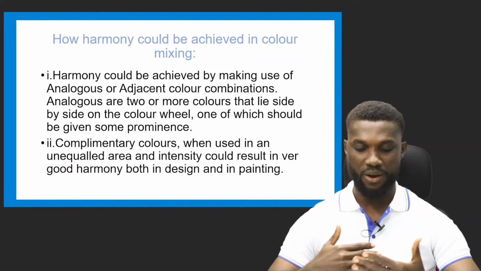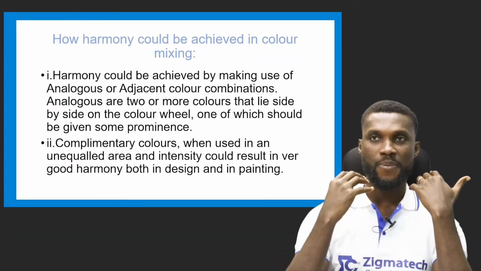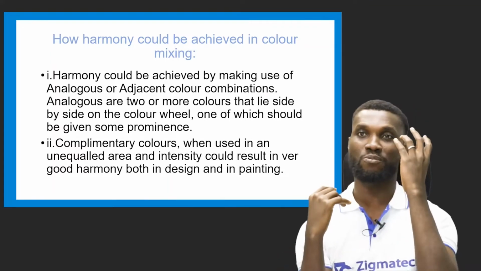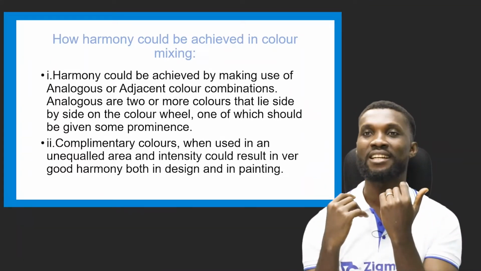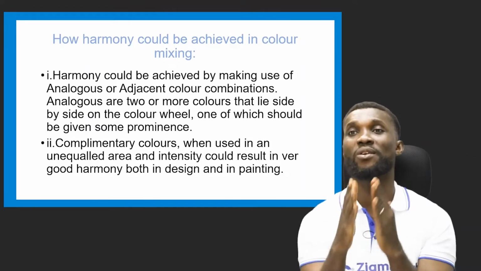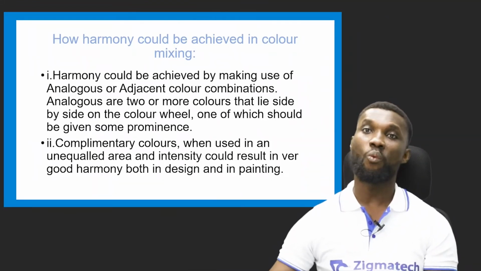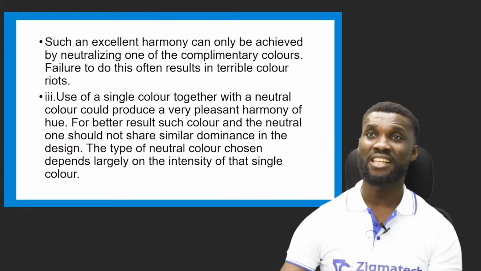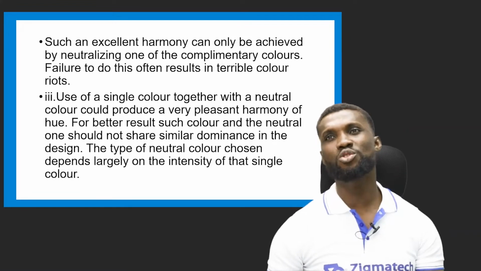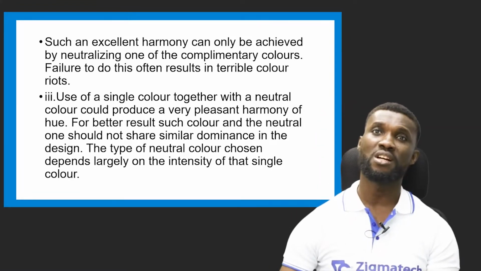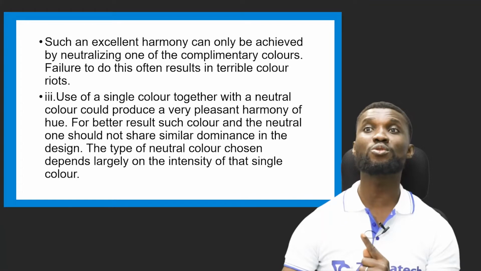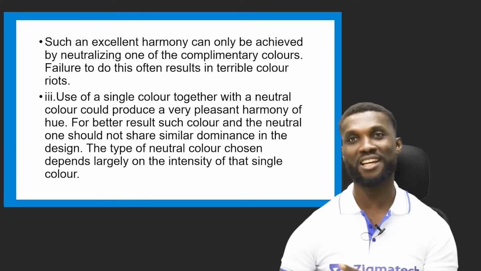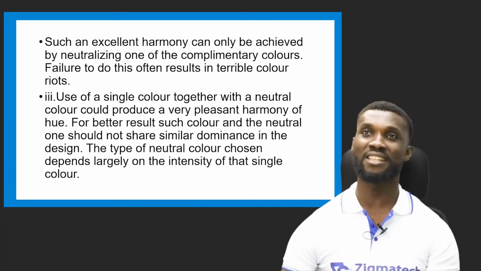For example, if I want to paint a face with different colors, there's no way I can put green here and then bring a red directly after that green. It won't work harmoniously. So you need to bring colors that are in the same family while working with harmonious color. Such excellent harmony can only be achieved by neutralizing one of the complementary colors. Failure to do so will often result in a terrible color riot, that is, if you use colors carelessly without neutralizing one.